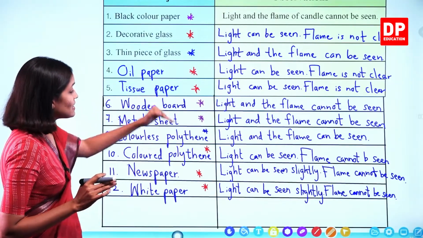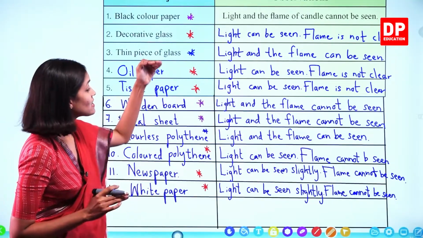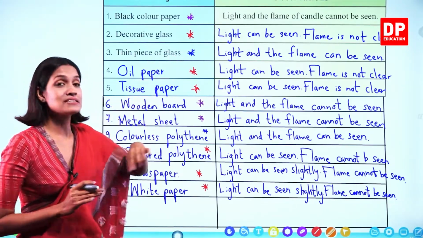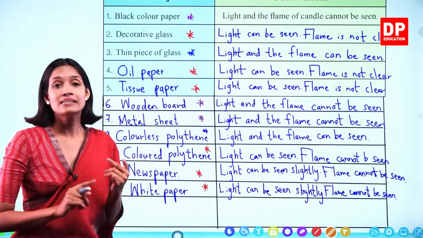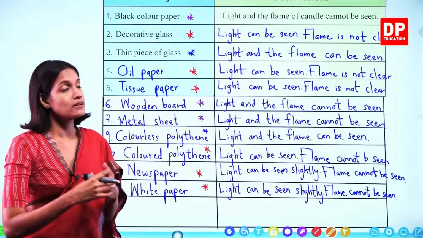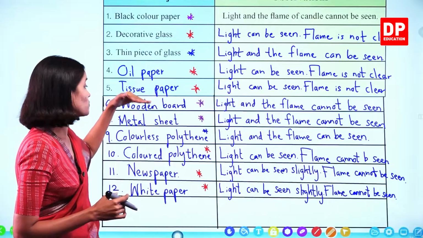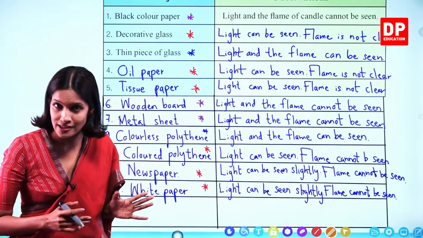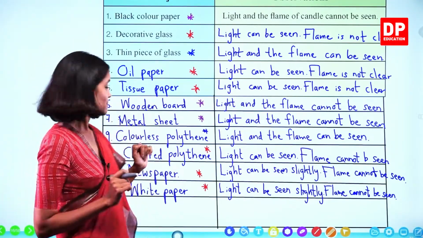So it's very clear after going through these observations, there are 3 different types of materials, right? Through some materials, light passes very well, and through some other materials, light doesn't pass well, but light passes through partially, right? And through some other materials like this black paper, wooden board, and metal sheet, light does not pass at all. Understand? We'll write it in the observations now.